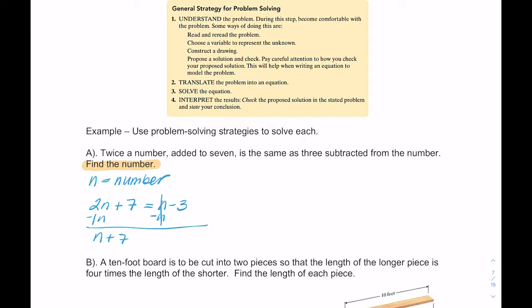And I'm going to bring down the 7 and the negative 3. And then my last step to get n by itself is to move this 7. And I'm adding it, so to move it, I'm going to subtract it. So I'm going to do minus 7 on both sides. And I would get n equals negative 3 minus 7 is negative 10. So the number here that you're looking for is negative 10.